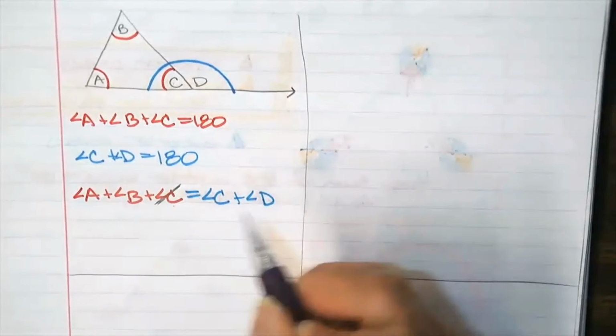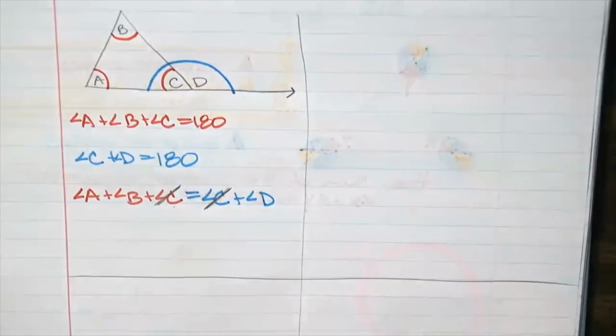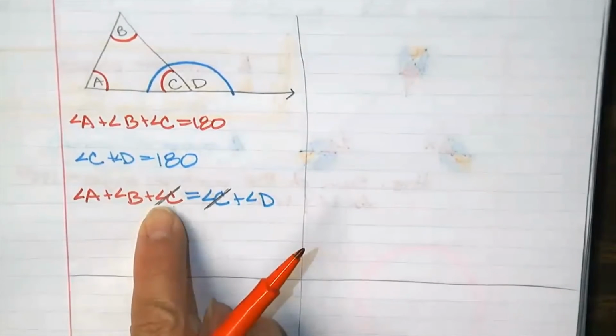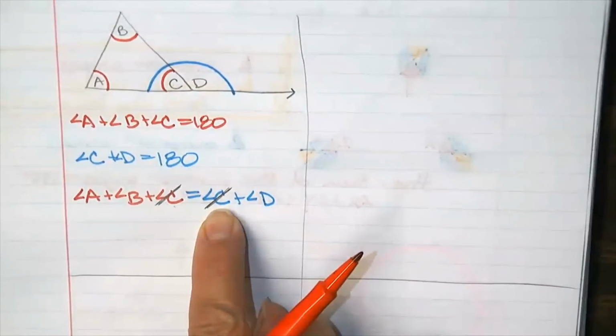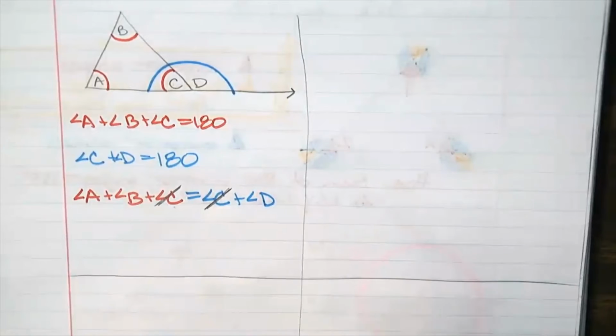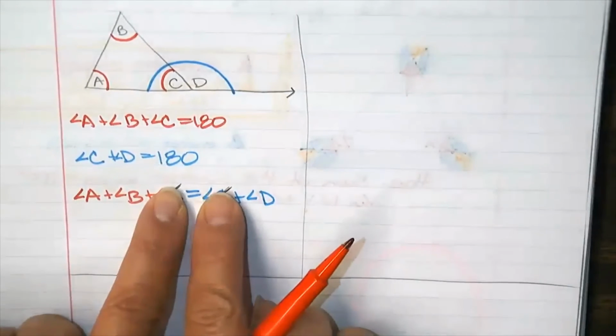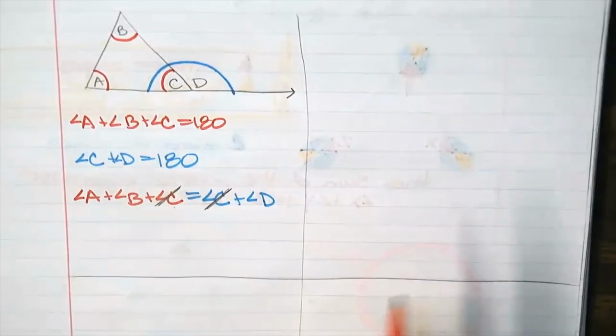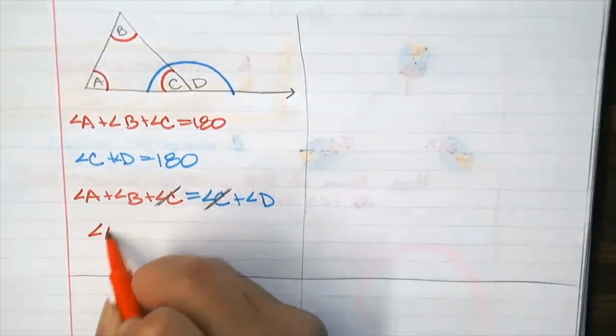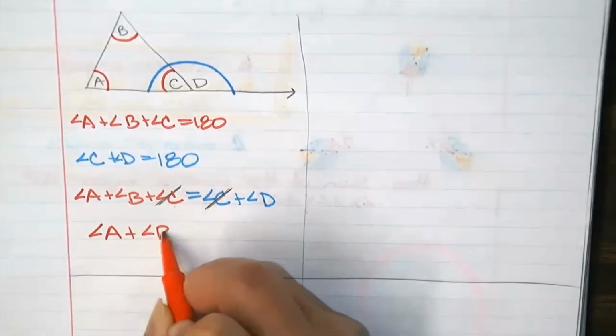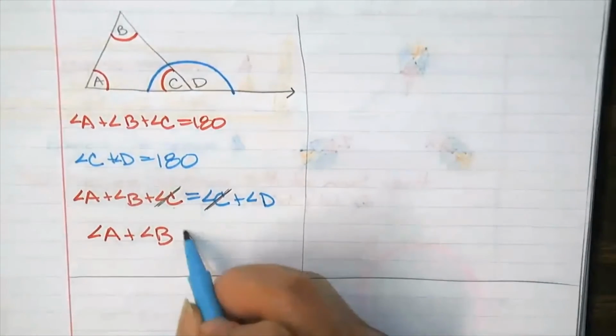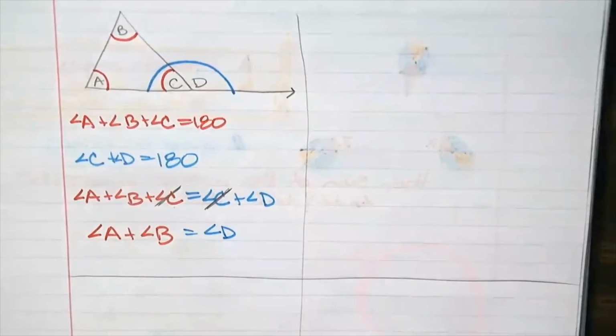So can we cancel those? So if I subtract angle C here and I subtract angle C here, do we end up with zeros? Yeah. So now we can say angle A plus angle B equals angle D.